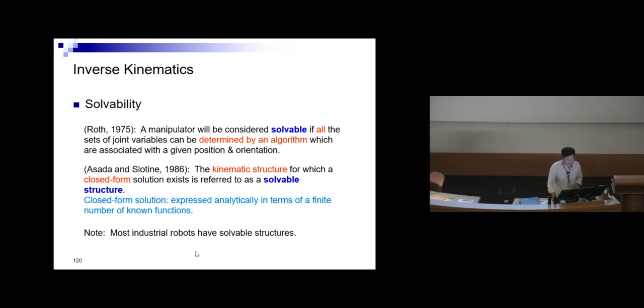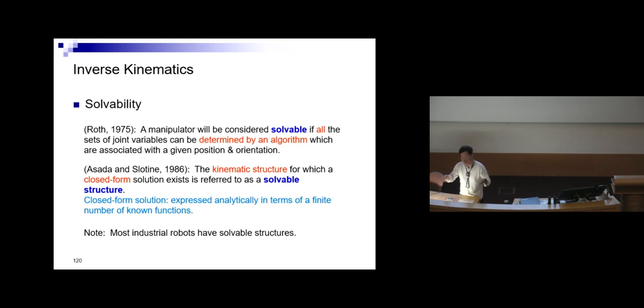In almost all cases, industrial robots have a solvable structure, so most of the time it should be fine. But you may be building your own robot, you may have your own arm, like for example the cable driven robot that I showed you earlier on. So the question here is whether it is solvable for all kinematic problems.